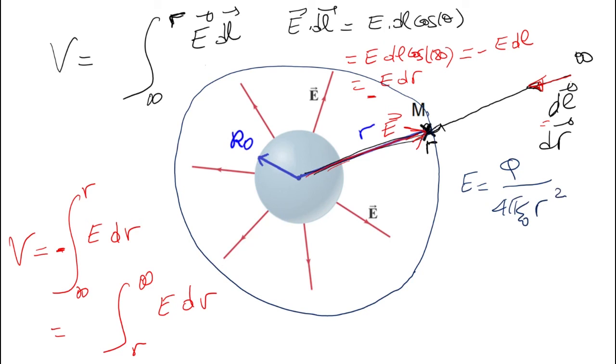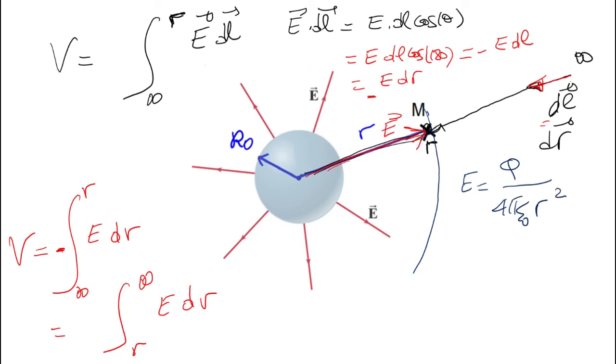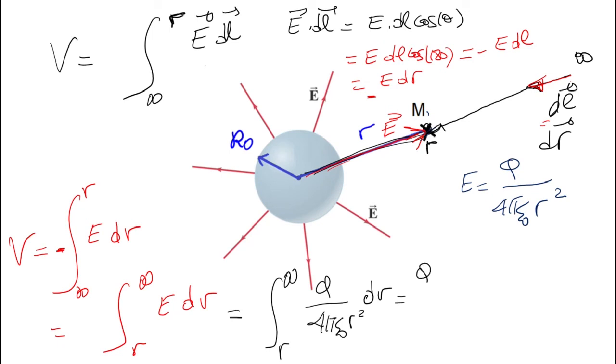Once I found the electric field, I will replace it in the integral and then calculate the electric potential. So it will be the integral from r to infinity of Q over 4 pi epsilon 0 r squared dr.